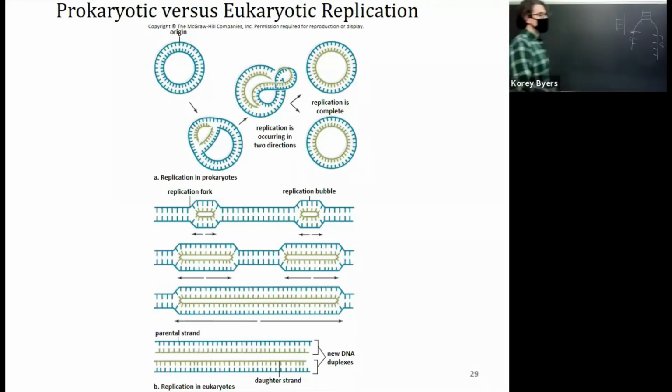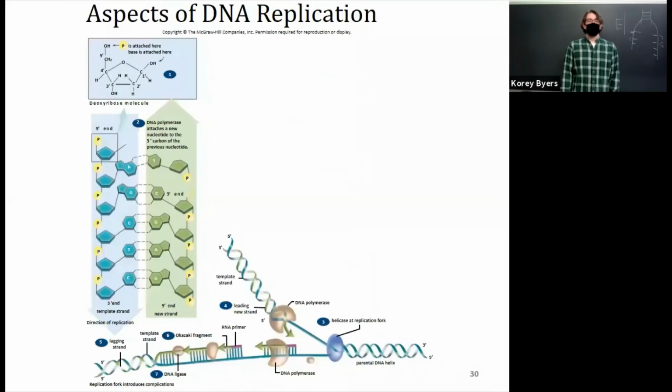And so this can happen in multiple locations and meet in the middle, as opposed to prokaryotes, which just make one single chromosome. Here's a picture to kind of show you that, so you can see that process.